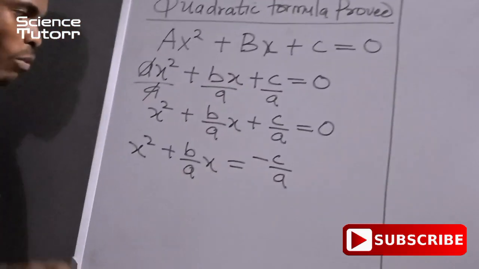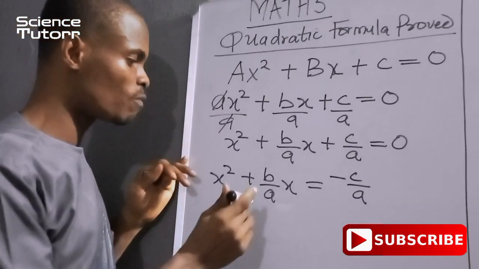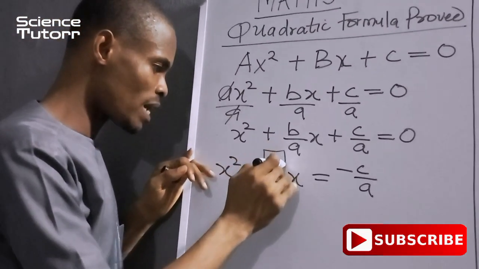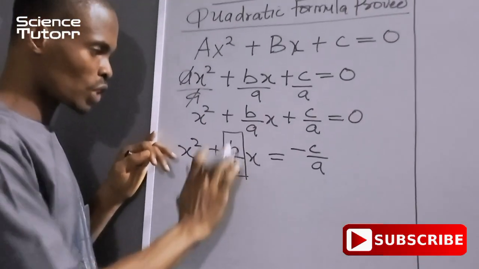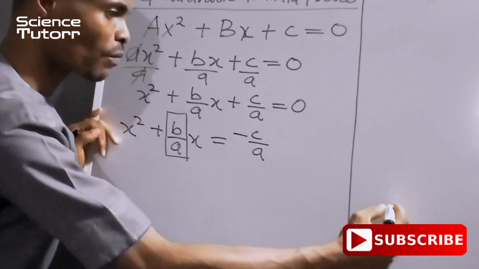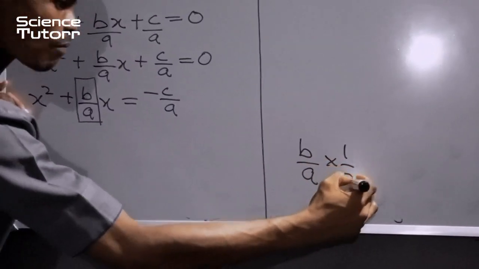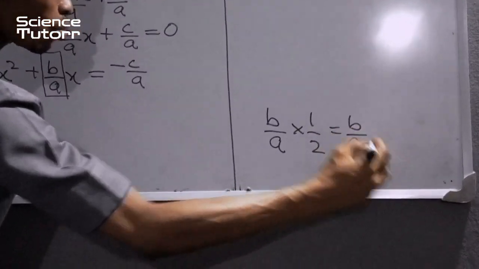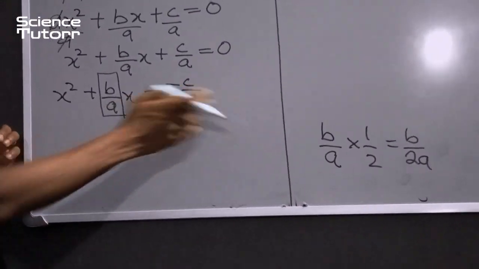Step 3, I'm going to take half the coefficient of x. Remember in the previous video, the coefficient of x is b over a. This is the coefficient of x. I'm going to take half of it. So b over a times half of it will give me b over 2a. So I'm going to do the same thing on both sides.